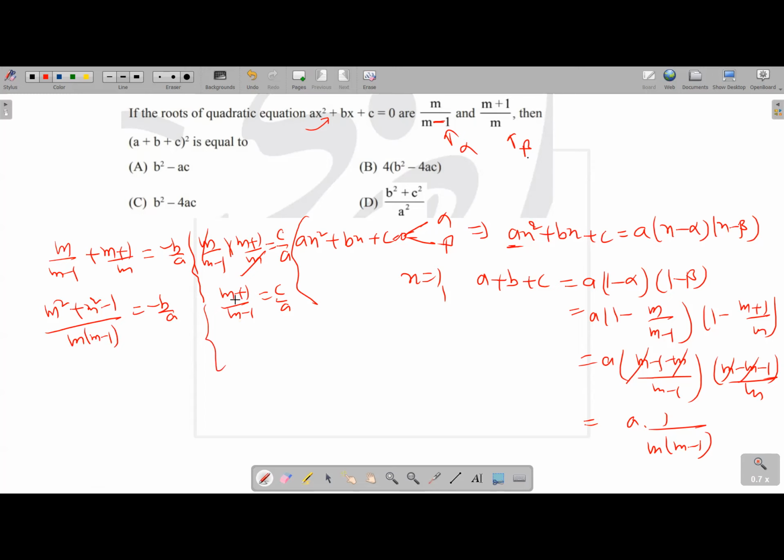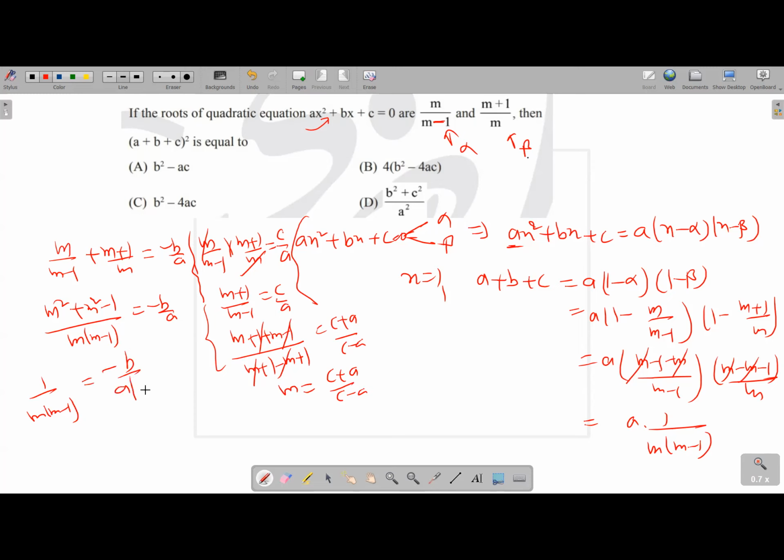Just cross multiply or take componendo and dividendo. So (m plus 1) upon (m minus 1) is (c plus a) upon (c minus a). Componendo and dividendo gives 2m by 2, that is m equals (c plus a) upon (c minus a). From where you can find 1 upon m into (m minus 1).